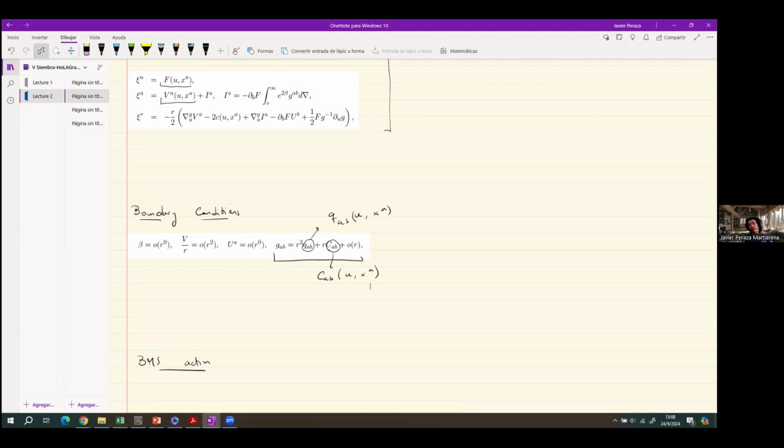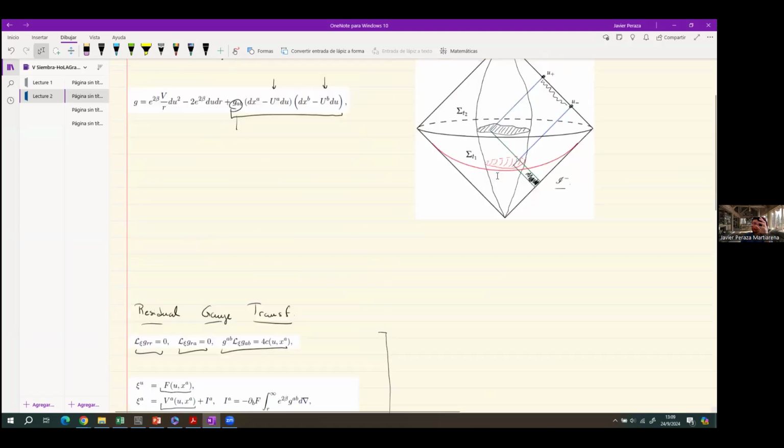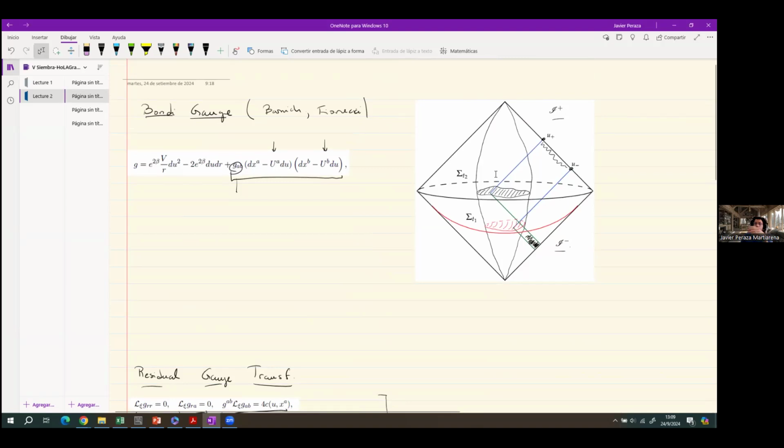What one has to do now is write the r expansions and solve Einstein equations. We can solve Einstein equations not worrying about the compact sector, because in the region where the matter is, we do not care. We just care where the matter content is empty.